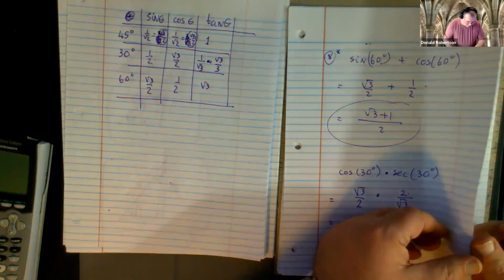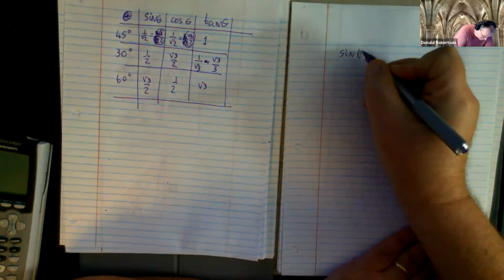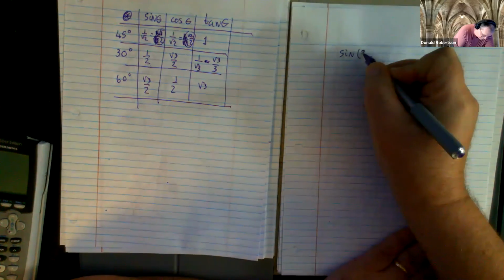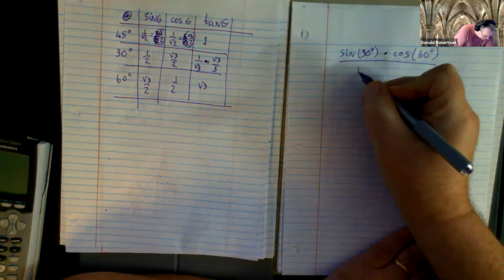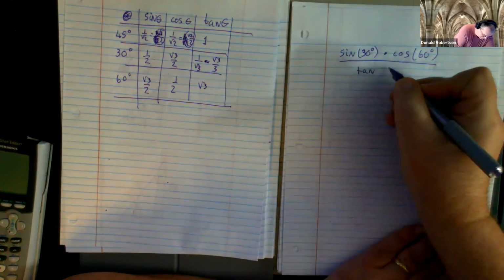I'm going to pick my own because they've got theirs and I want to pick mine. Suppose I said I want the sine of 30 degrees multiplied by the cosine of 60 degrees, divided by the tan of 60 degrees.